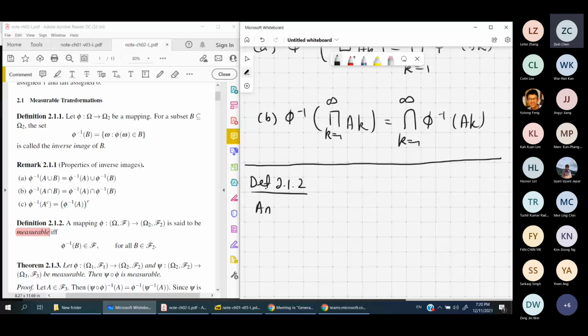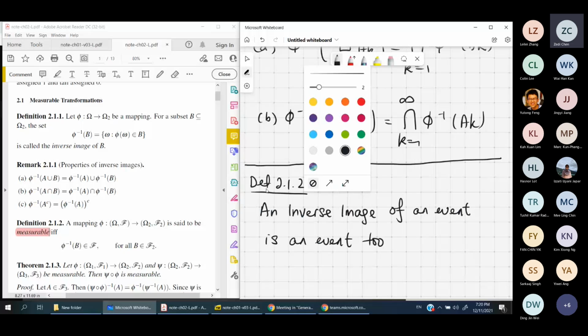The inverse image of an event is an event too. Okay.